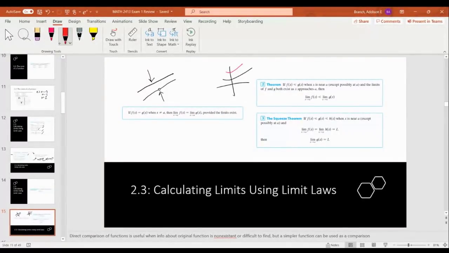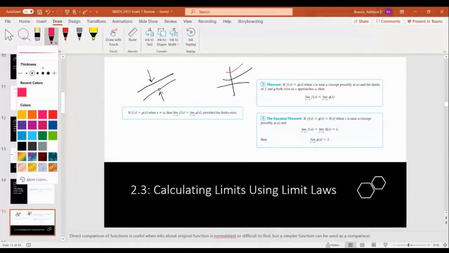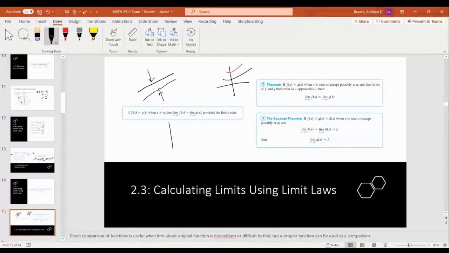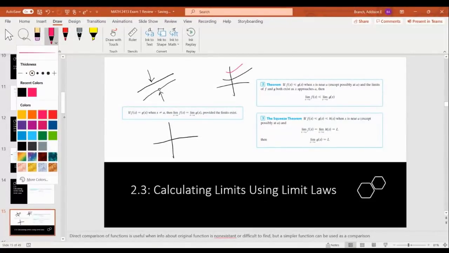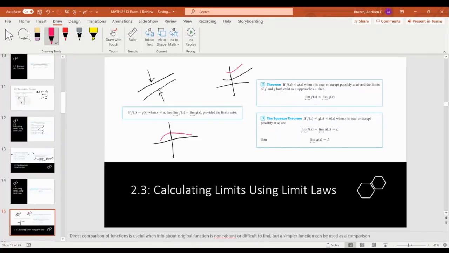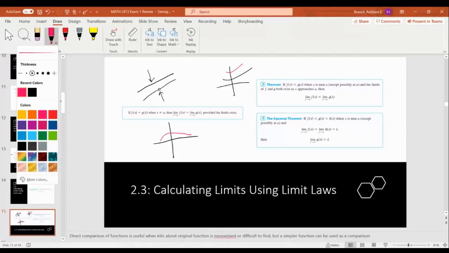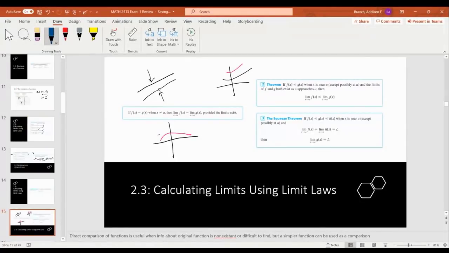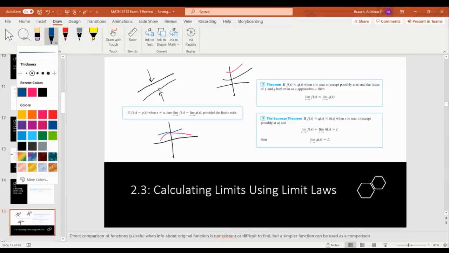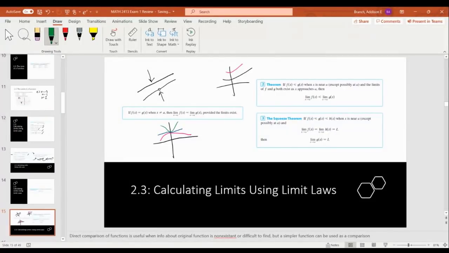If we think about that graphically, we have our f function that looks something like this, our g function which looks something like this, and our h function which looks like this.